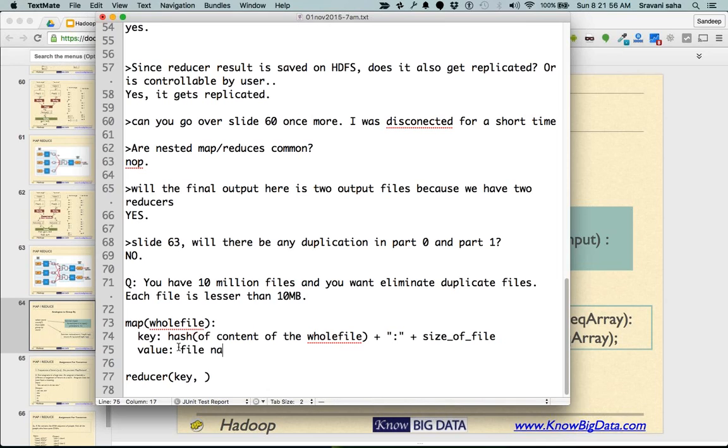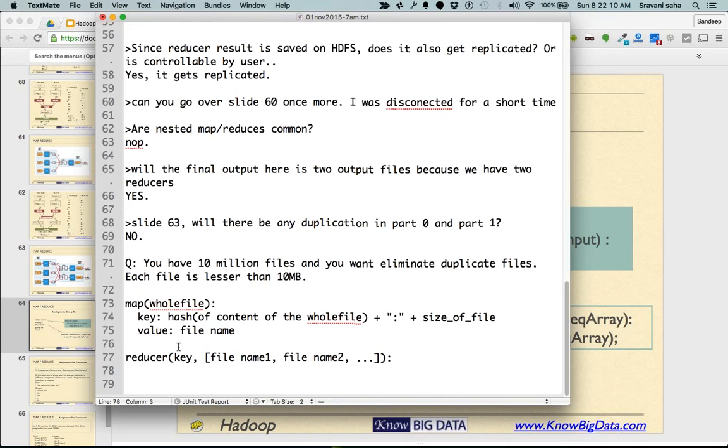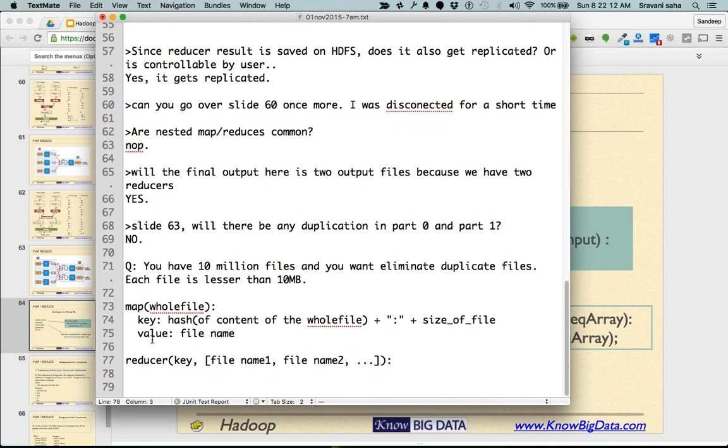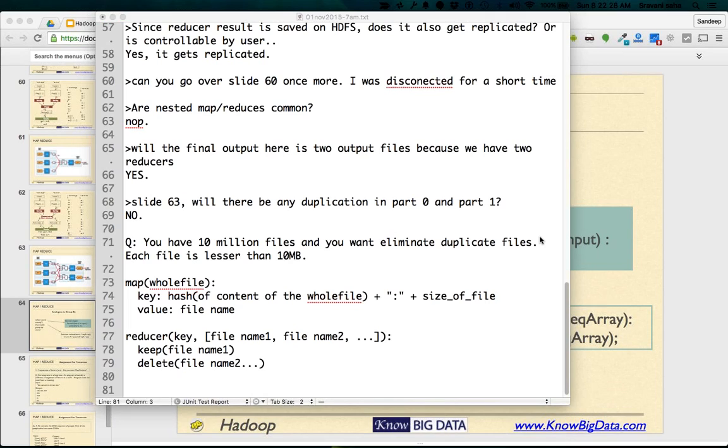And here we can then give the file name. In the reducer, we will get an array of file name 1, file name 2, and so on. In the reducer, you can just decide which one to delete. Keep file name 1 and delete file name 2, and so on. Sounds good to you? Is the logic clear to you?